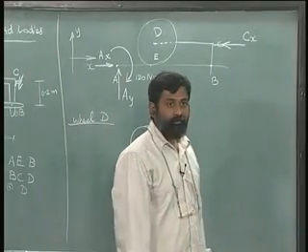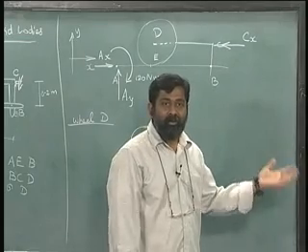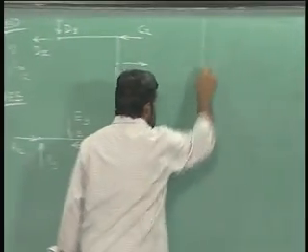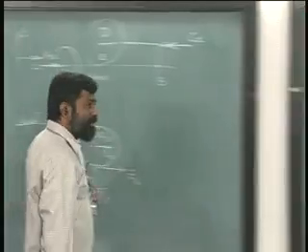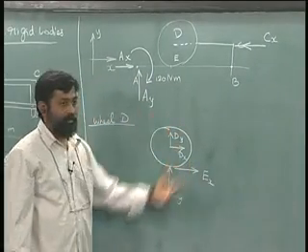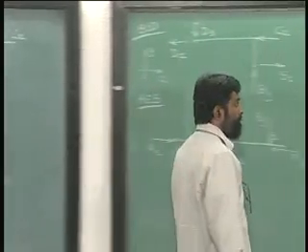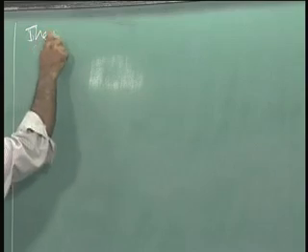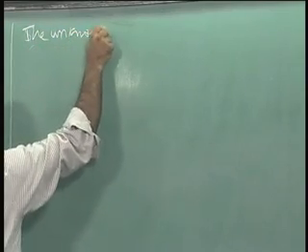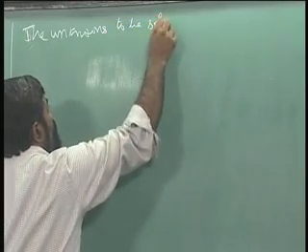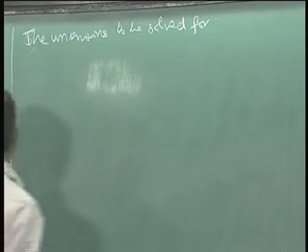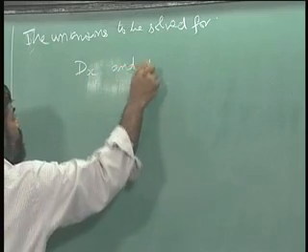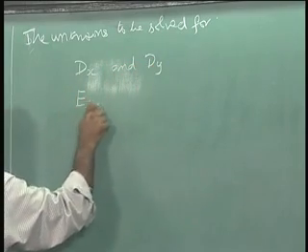The next exercise is to find out what all unknowns we have to solve. Let us look at that. The simplest one is this, so I am going to start with this particular wheel. Let me draw that again here. Now we are looking at the unknowns. For the wheel we have dx and dy, Ex and Ey.